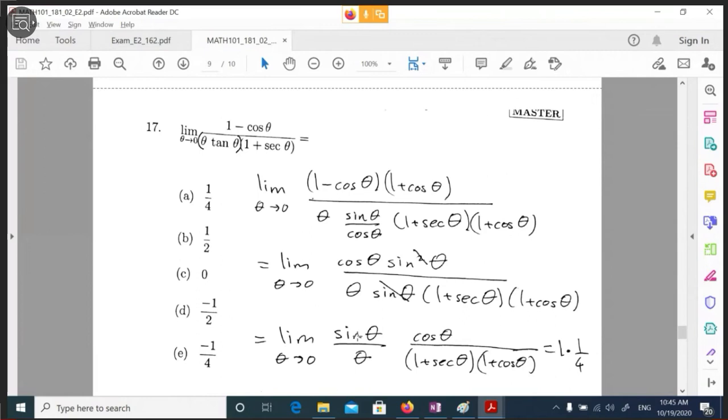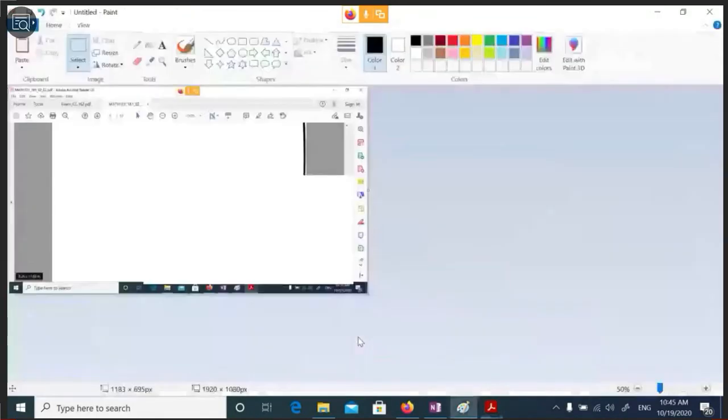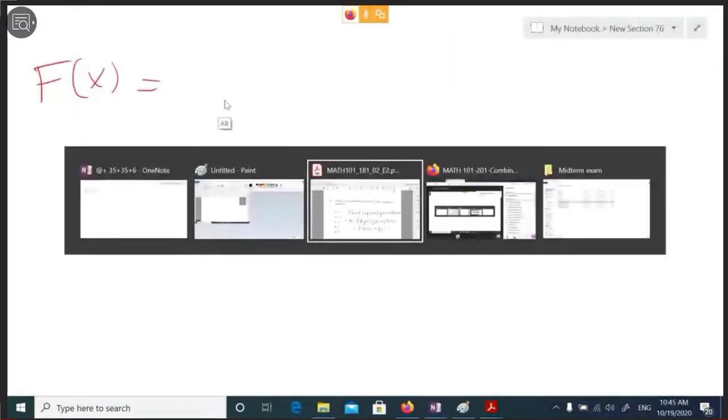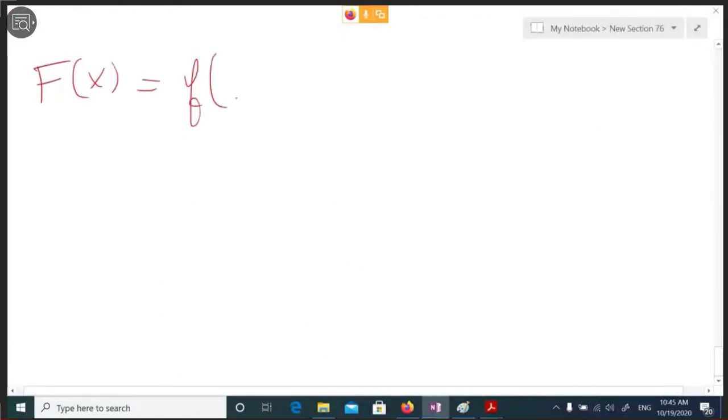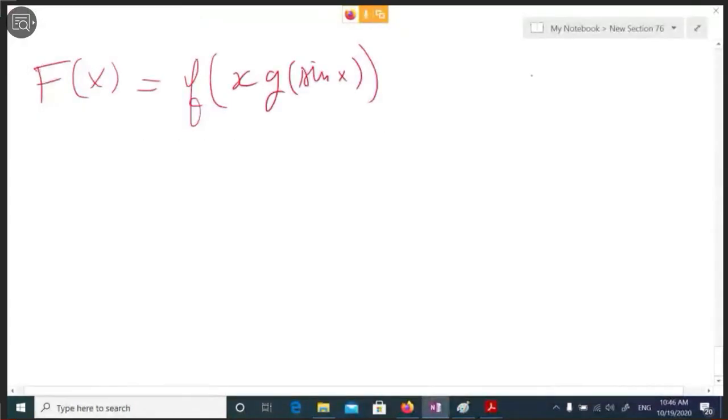This problem here, so I have a few minutes, so I will do this one for you. I have a function like this: F of x is equal to f of x g of sine of x, and here we are asked to find f prime at 0 or at pi, at pi.